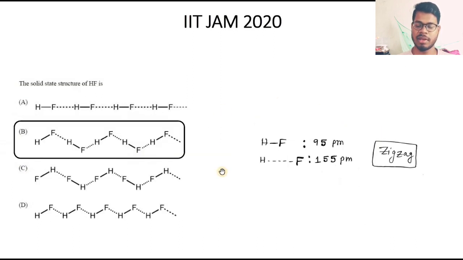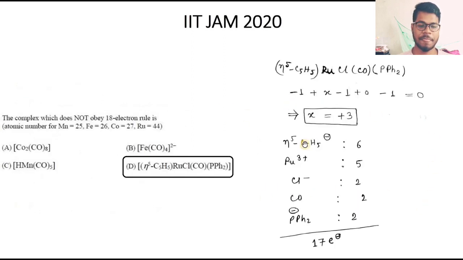It is also a memory based question, so no one can expect you to explain these kinds of questions. Now, the complex which will not obey the 18 electron rule. I have shown you that this will obey the 18 electron rule, and this won't, because you just have to get the number of electrons being donated by the systems, which systems are donating 2 electrons, which systems are donating 3 electrons.